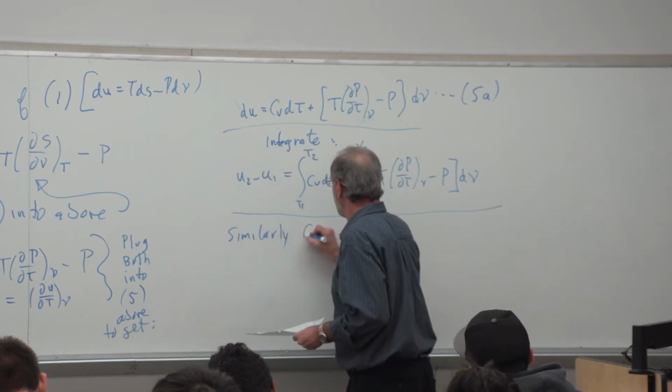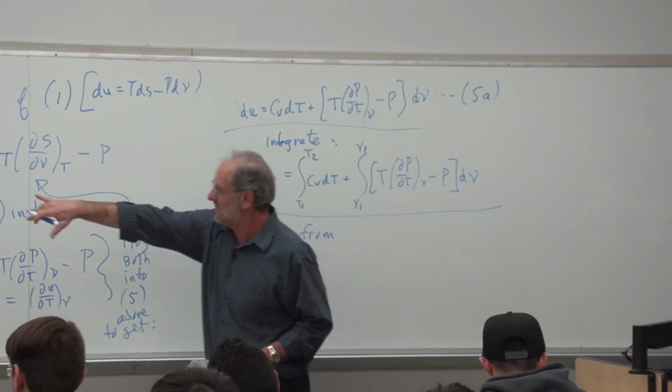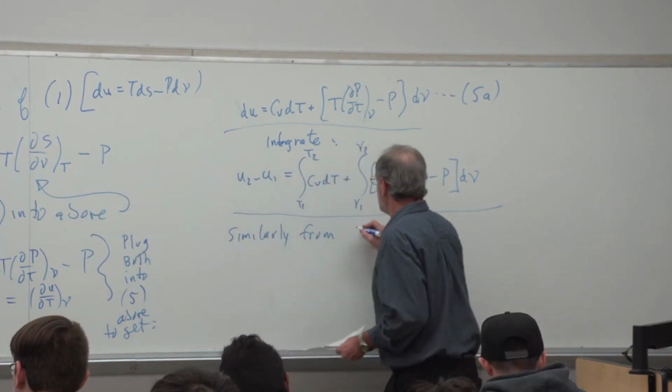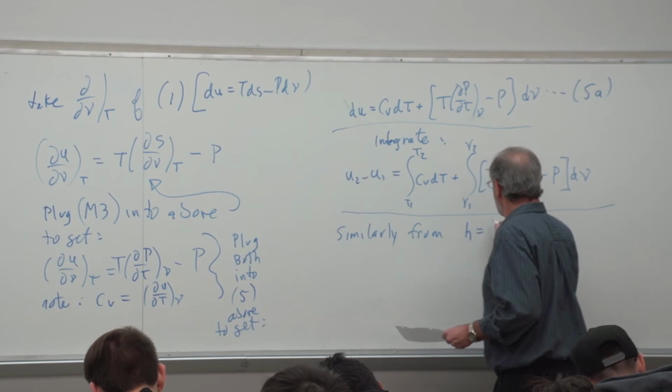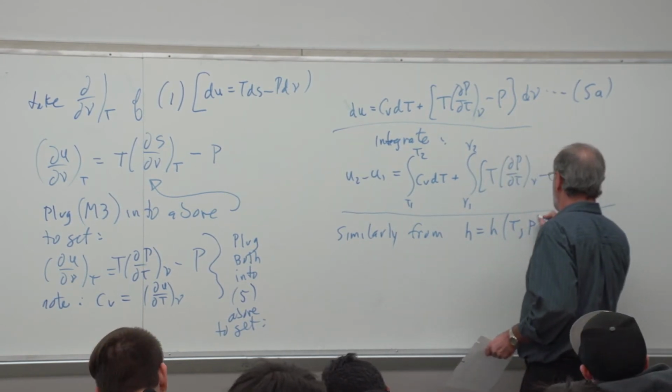Similarly. When I say similar, I'm really going all the way back to the first statement there, which says from. So similarly, now let's look at a different relationship. Let's look at enthalpy as a function of temperature and pressure.